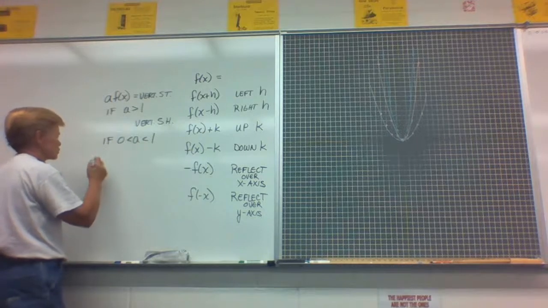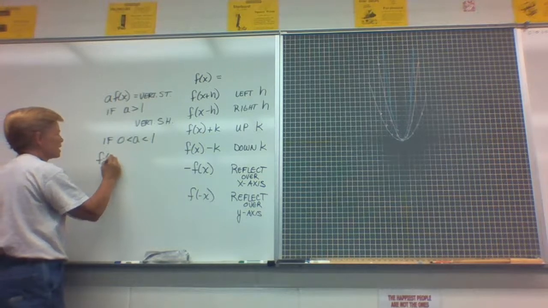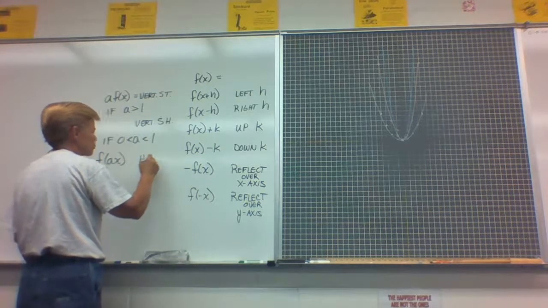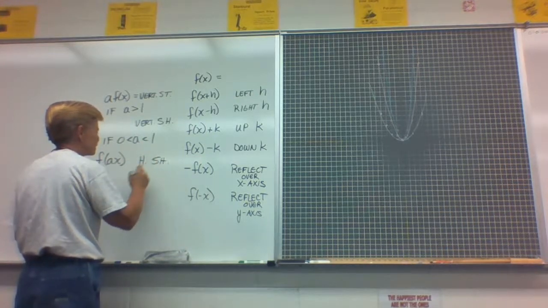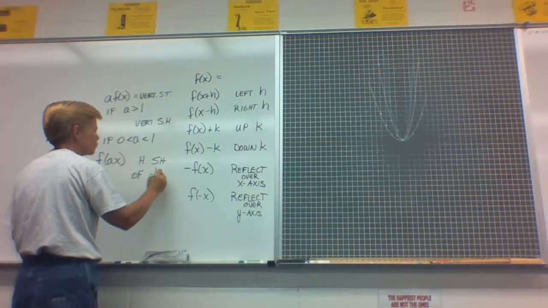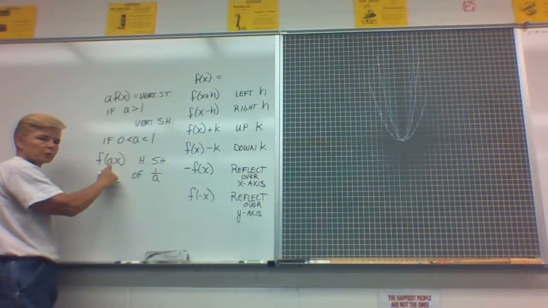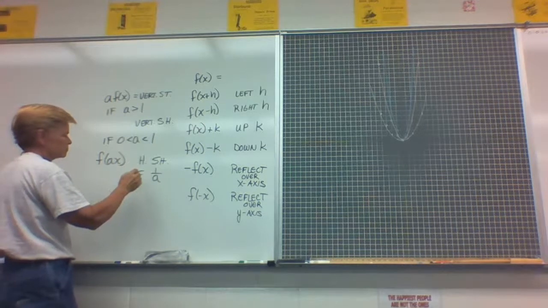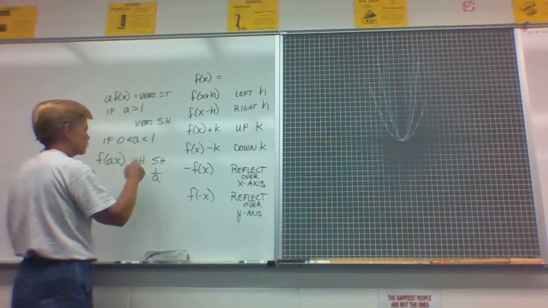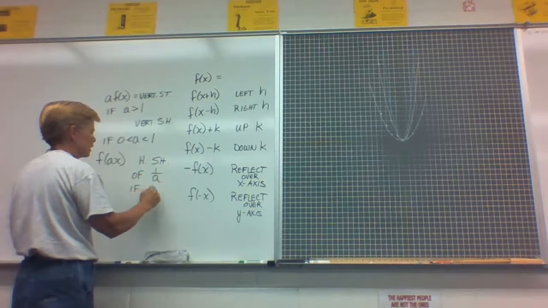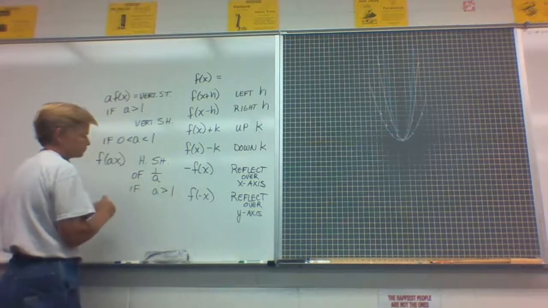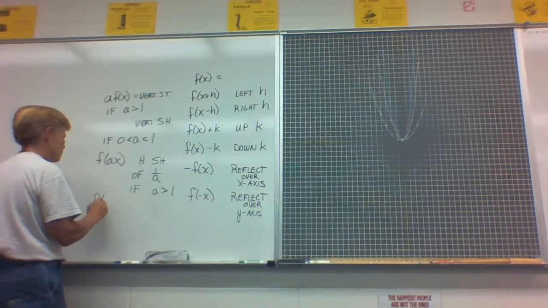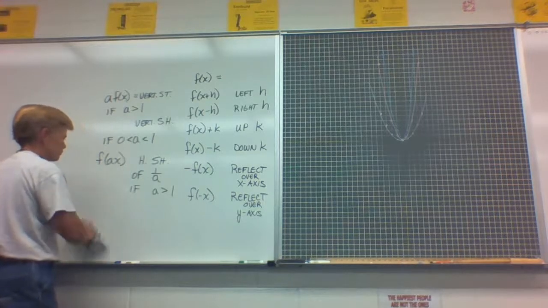And we've got to do the horizontal stretches and shrinks. If I have f of ax, that's a horizontal shrink of 1 over a, because remember, we have to deal in reciprocals here. I'm going to stick with f of ax.